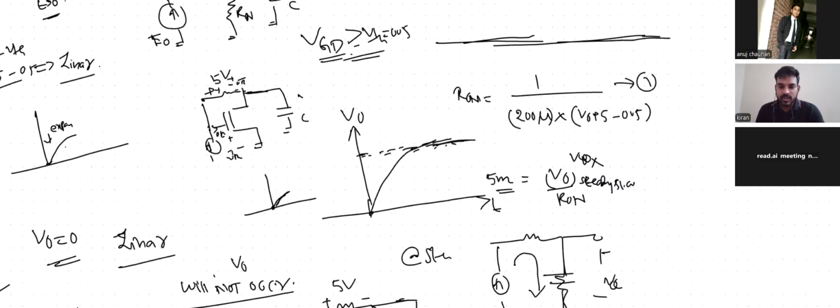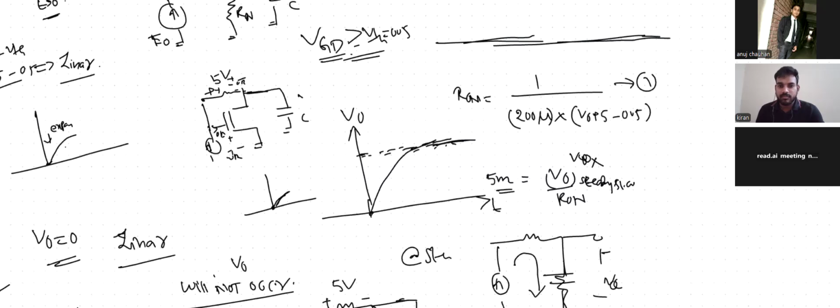When the output has settled, V naught reaches its maximum value. If it is maximum, then my overall R1 will be very low. When V naught is maximum, my R1 will be minimum.